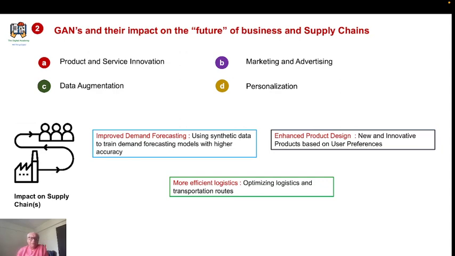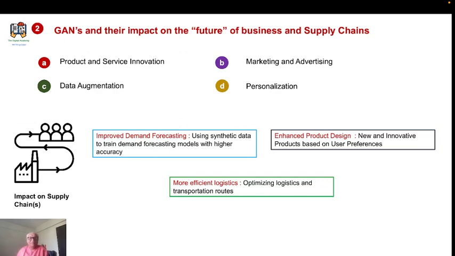The third, probably the most important application of a GAN is to generate new data sets, which can augment machine learning models. These new data sets can help improve their performance and accuracy over a period of time, and can be used for a variety of prediction and classification problems, either in supply chain, personalization, or what have you.